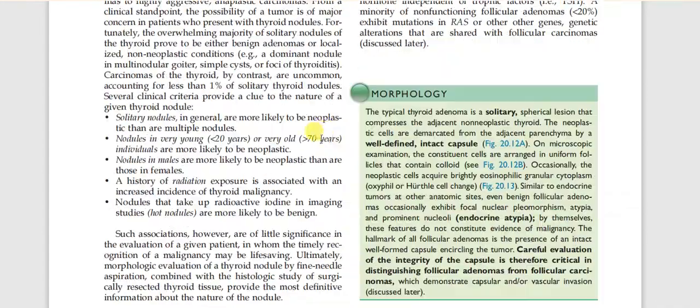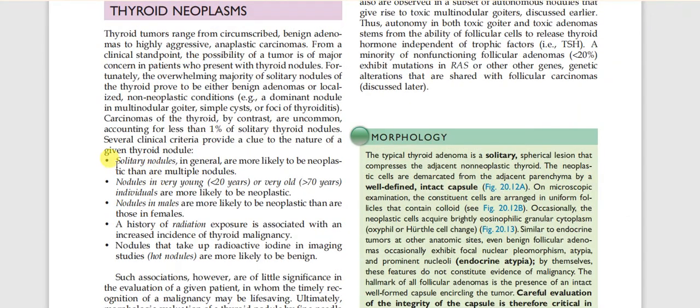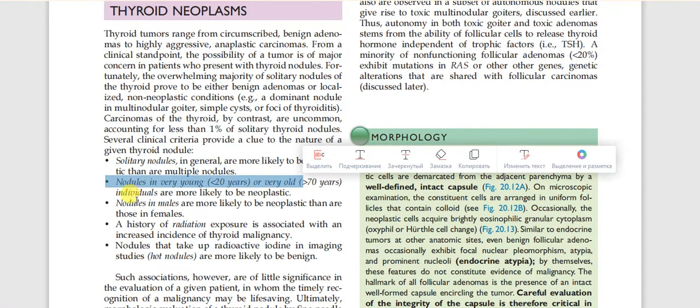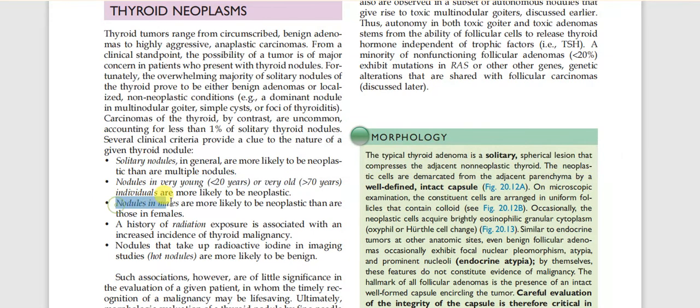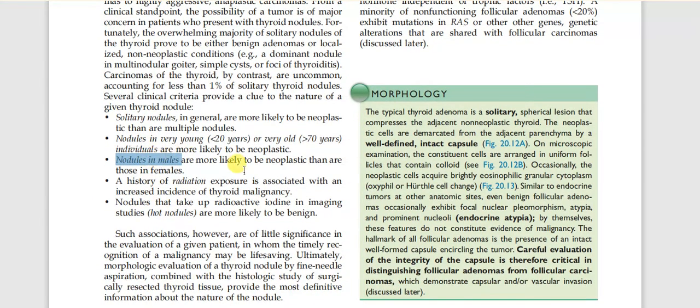Then neoplasms. We have solitary nodules, nodules in very young or already old individuals, and nodules in males, which are more likely to be neoplastic than those in females. A history of radiation can increase the risk of these nodules.